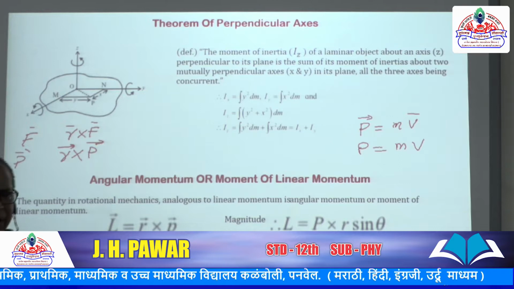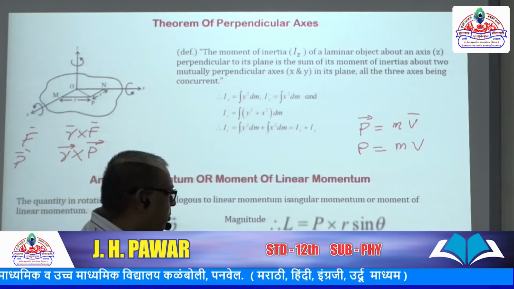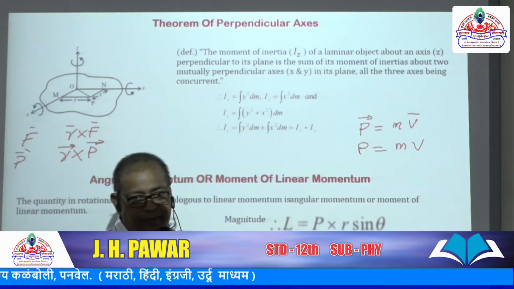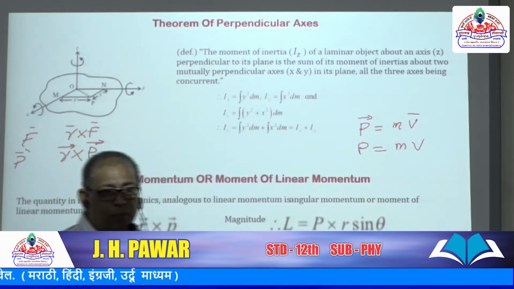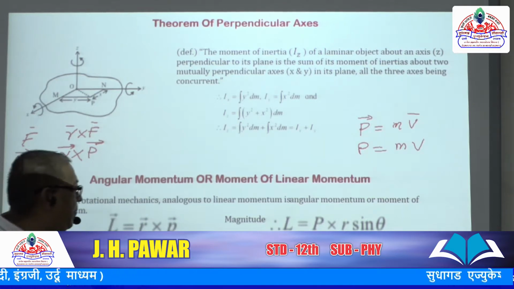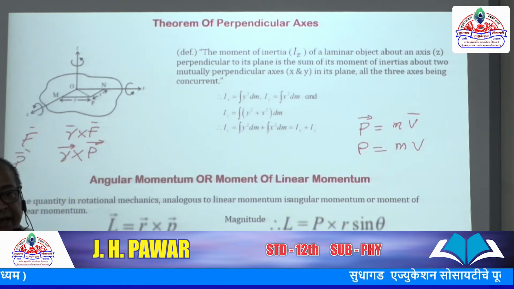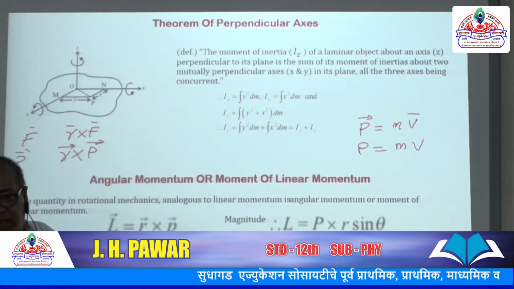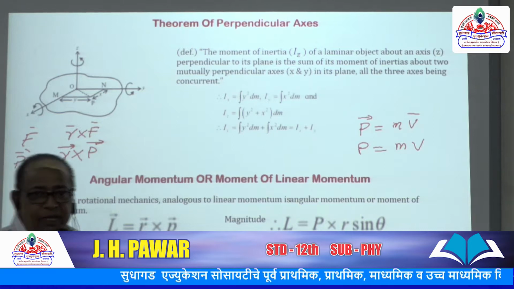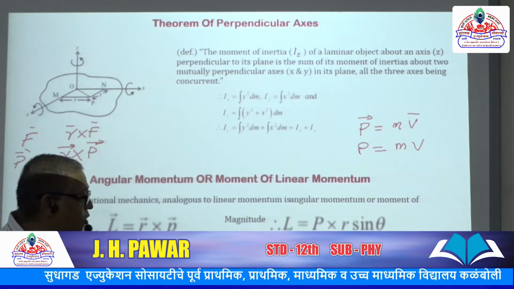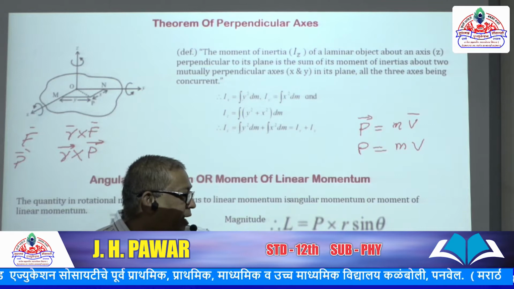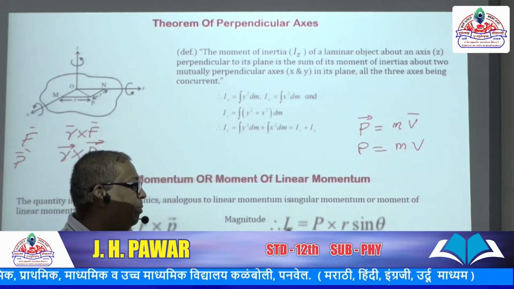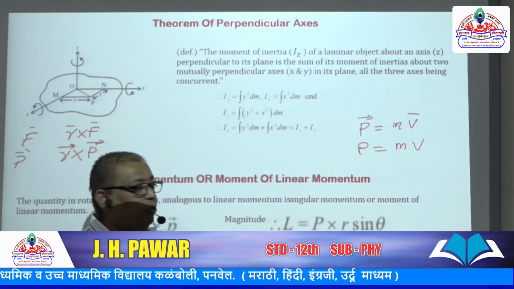The magnitude can be taken as L equals p into r sin theta. In circular motion, the angle between p and r is 90 degrees, no doubt, between the radius vector and the tangential velocity. That's why you can take p r sin 90, so angular momentum, or moment of linear momentum, is p into r.